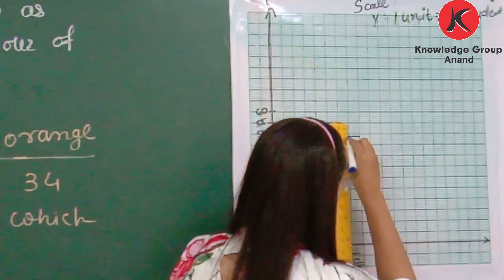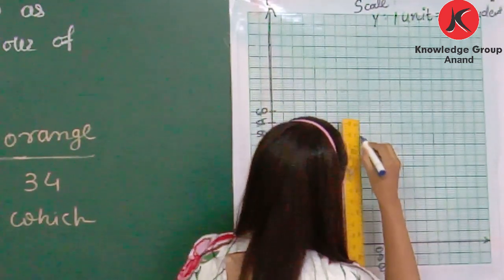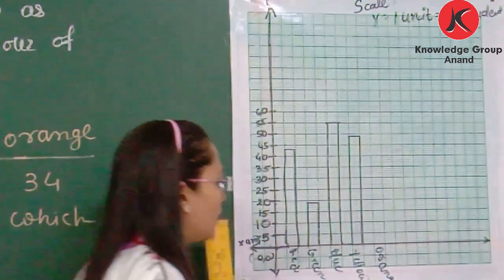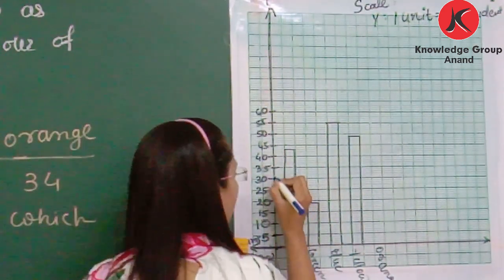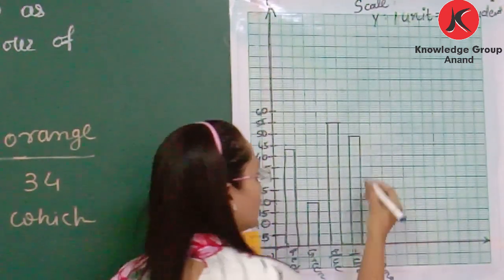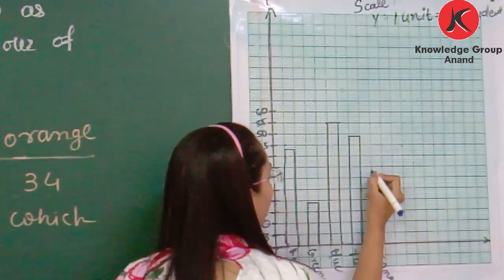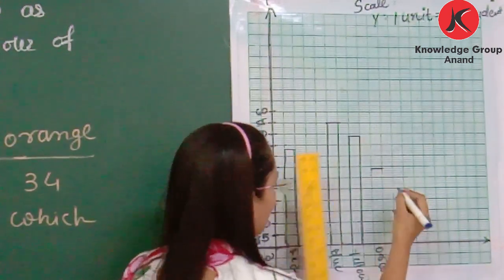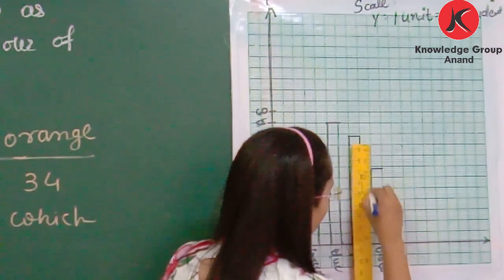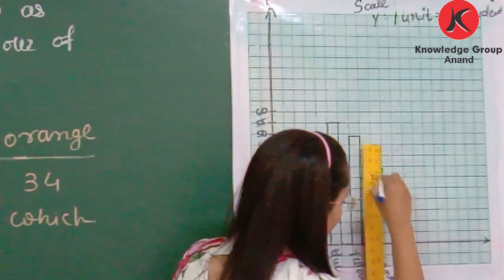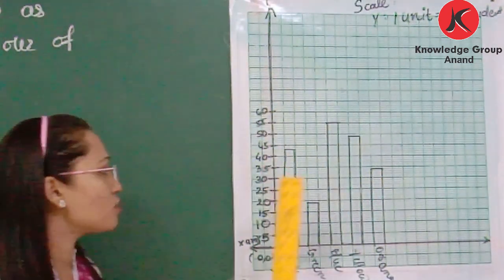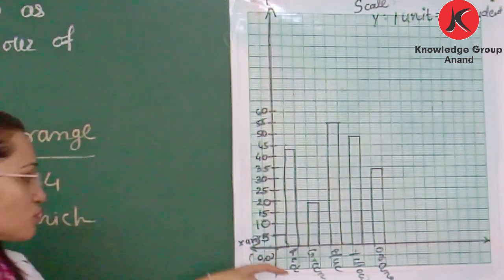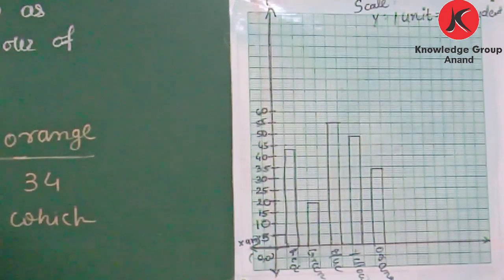This is the bar for yellow color. Now orange is liked by 34 students. So after 30 you need to take 31, 32, 33, 34. So this is the bar for orange. You can also shade the bars of the number of students, and this way you can represent the graph for the given information.